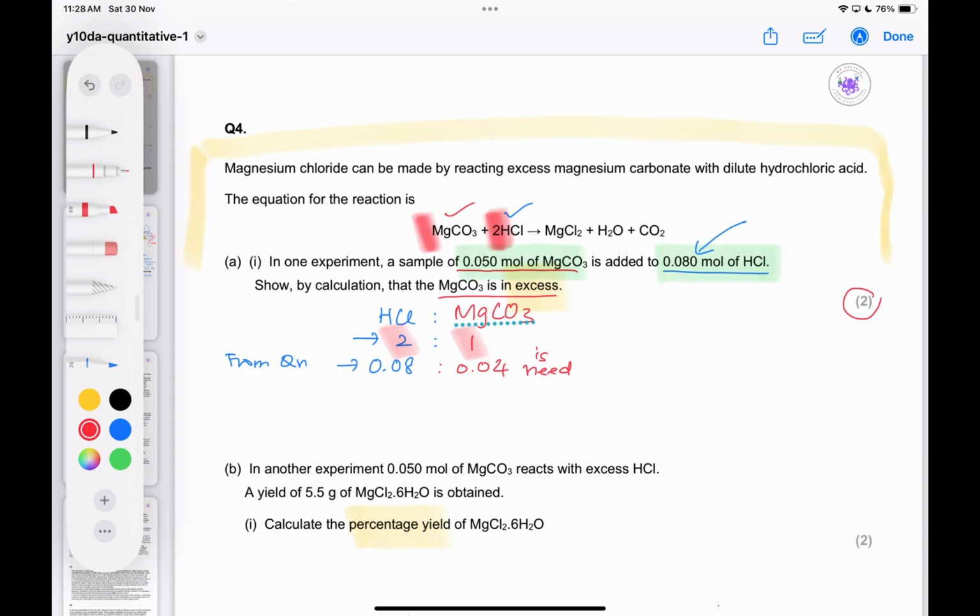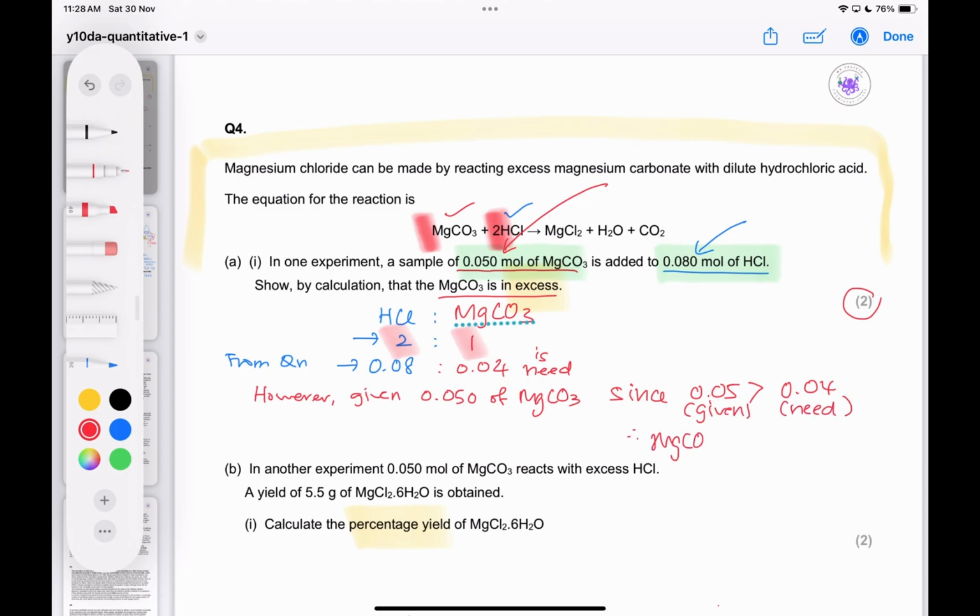However, I'm actually given 0.05 mole of MgCO3. So since 0.05 is more than 0.04, this is given, and this is what you need, therefore MgCO3 is in excess. That's all you need to do.